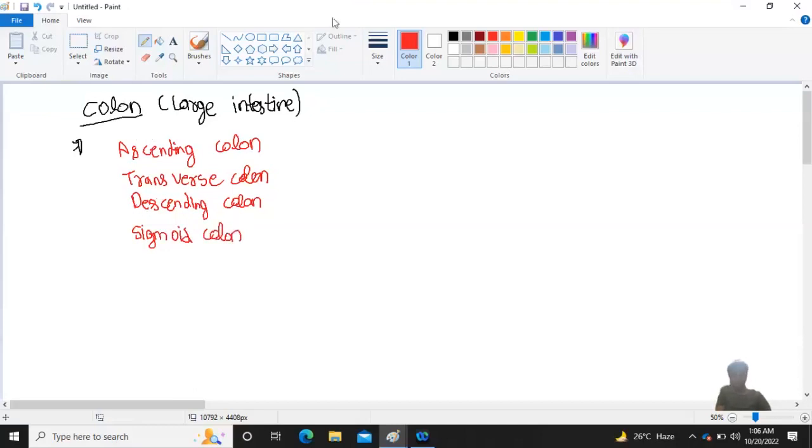So basically these are the four parts of the colon.